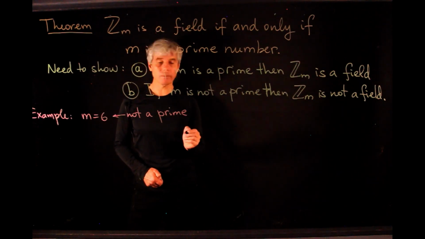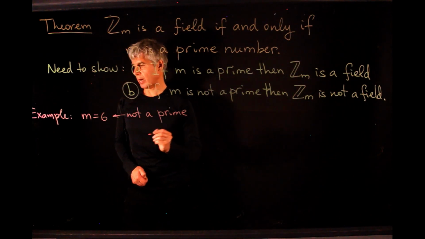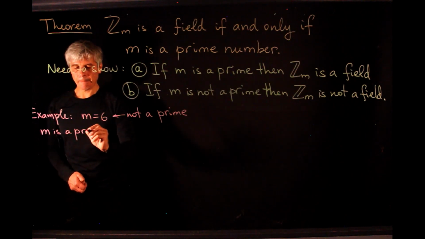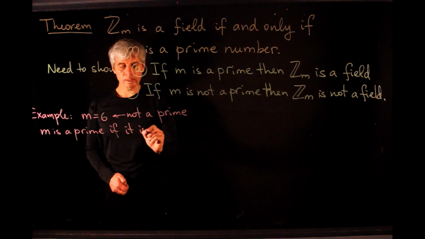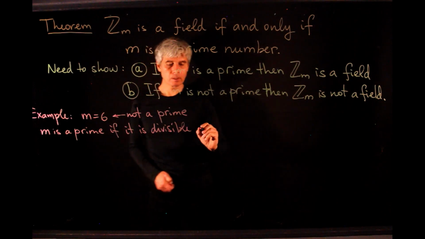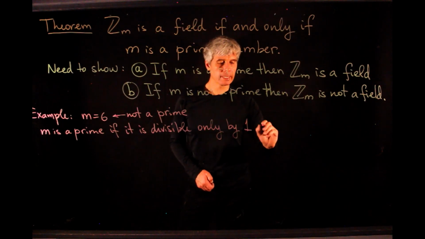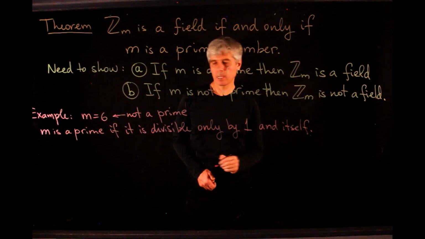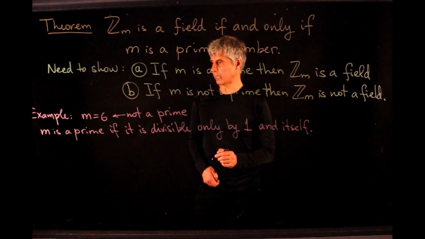So perhaps let's recall what's the definition of a prime. m is a prime if it is divisible only by 1 and itself. And 6 is not a prime because it's divisible by 2 and by 3.